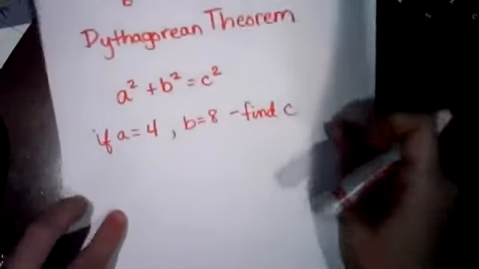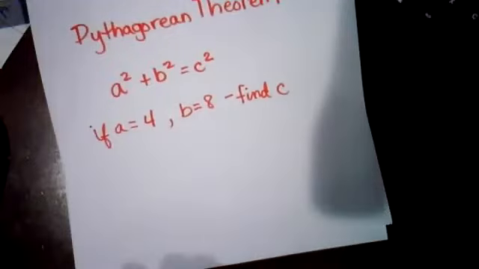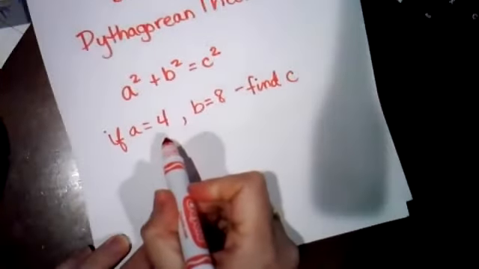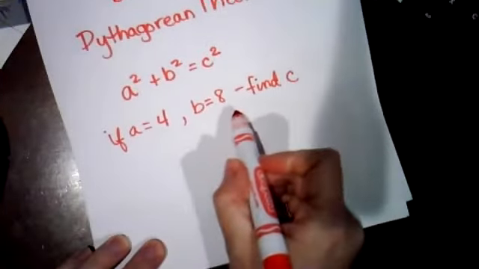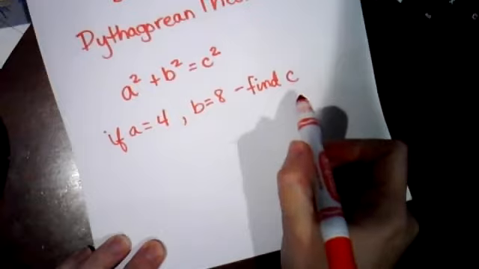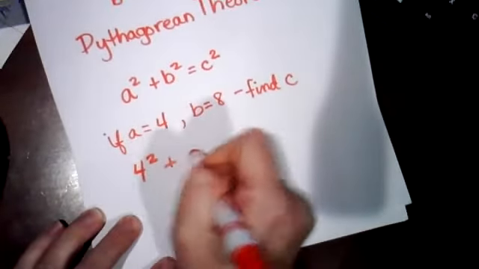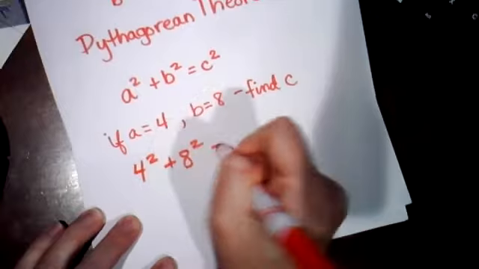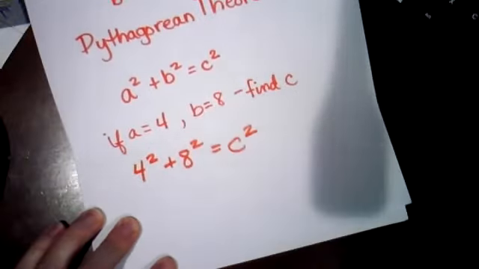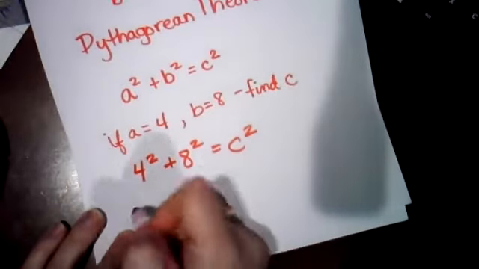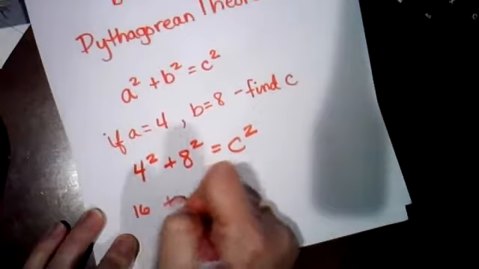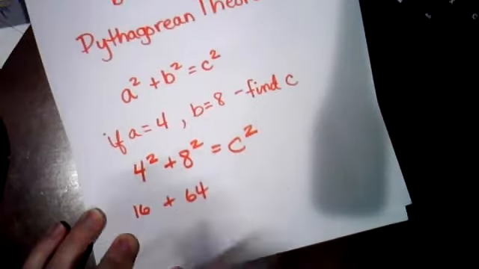So let's say, for instance, like the book example, we have a is equal to 4, b is equal to 8, and we need to find c. So you would do 4 squared plus 8 squared equals c squared. All right, so then this is 16 plus 64.